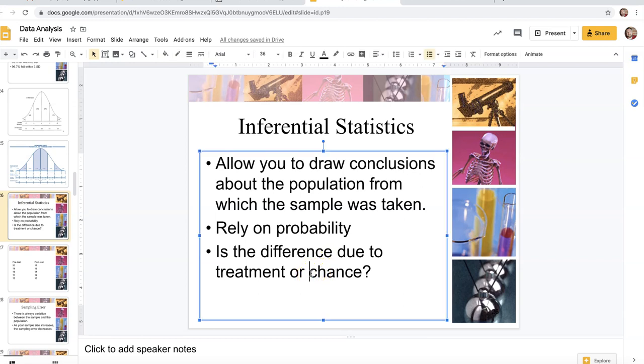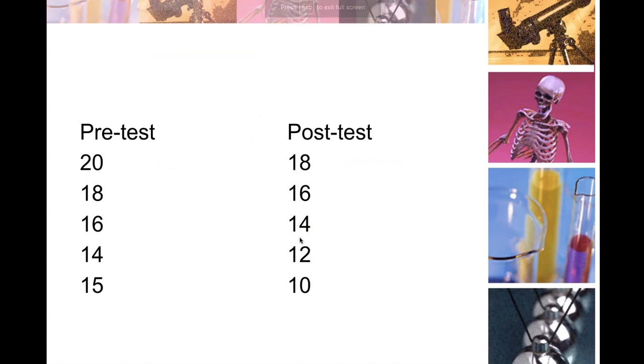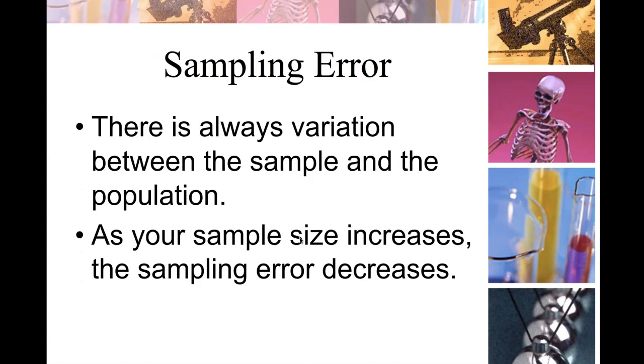There's just a random chance that the coin flipped and ended up 7 heads and 3 tails, and it's just random chance that my clients improved a little bit on their post-test. So how do we know?